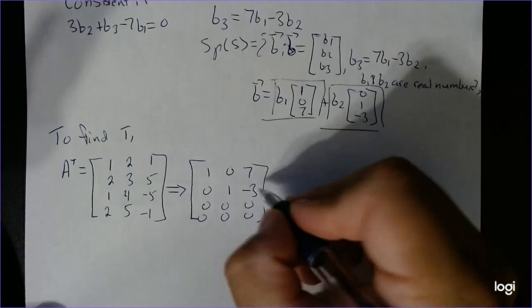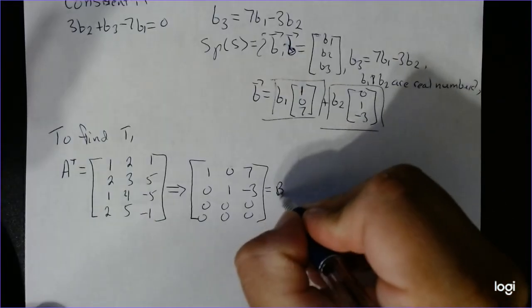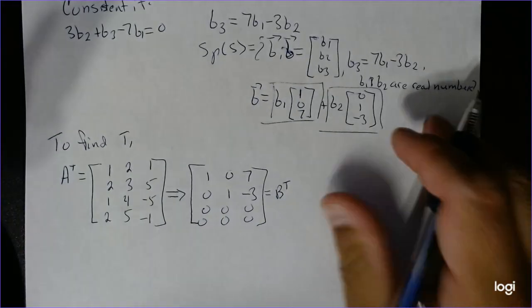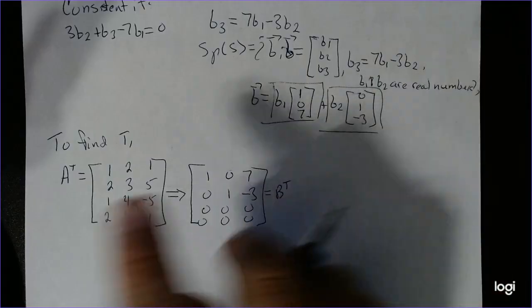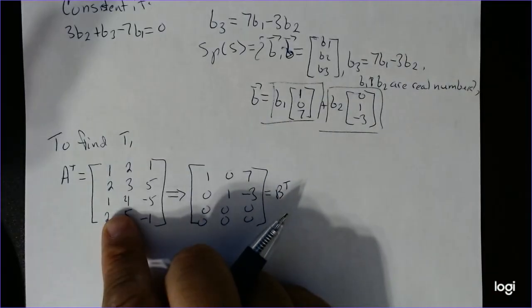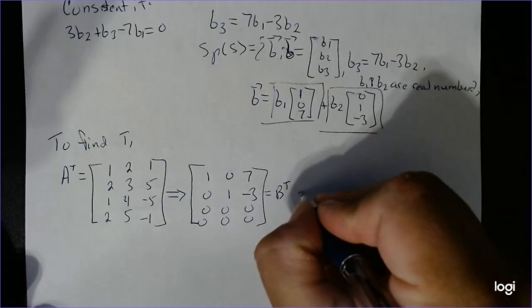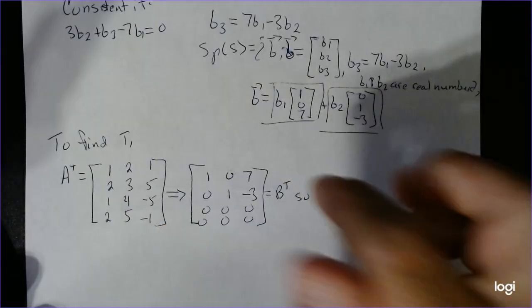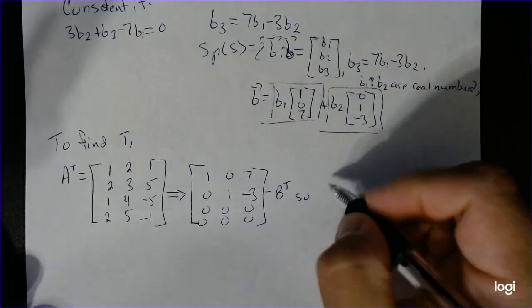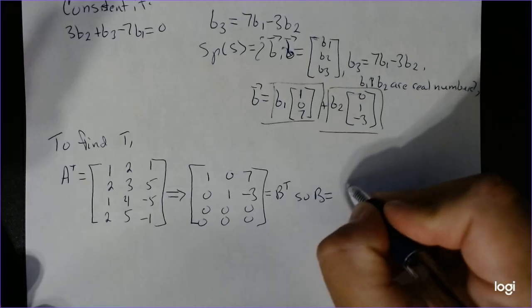Now, this matrix is B transpose. According to the last theorem, the span of this is equal to the span of that. So now what I'm going to do is retranspose it, or basically untranspose it. So we now get B.